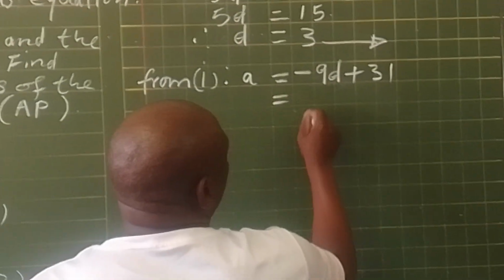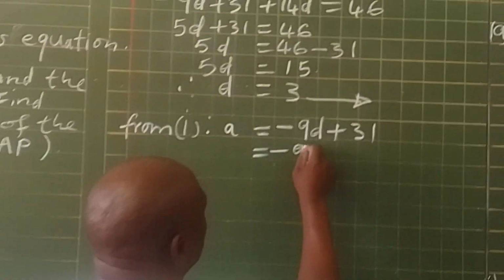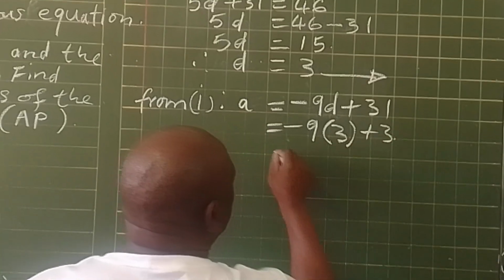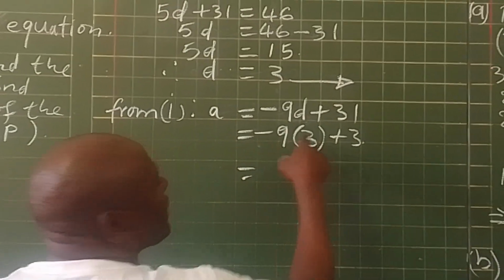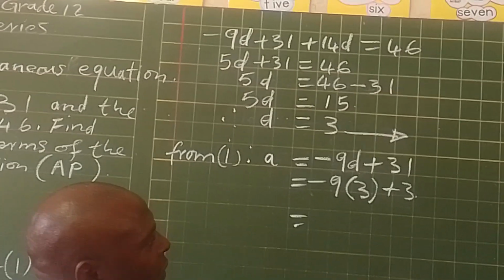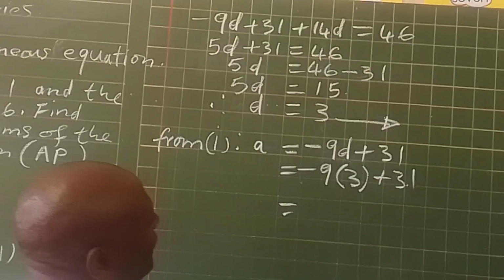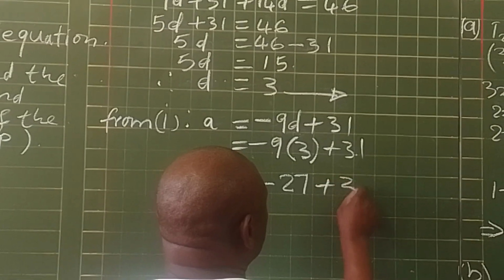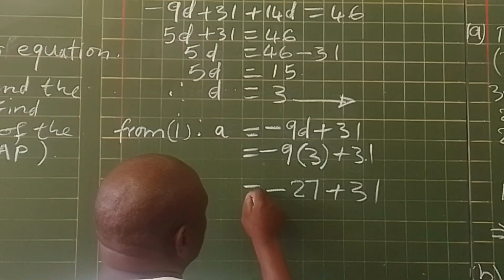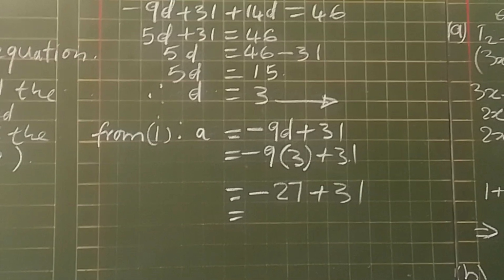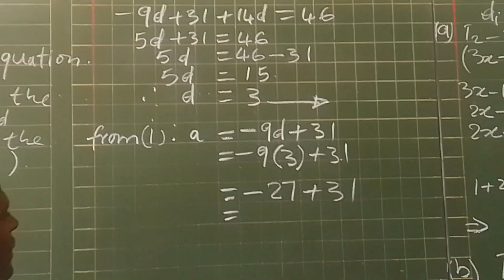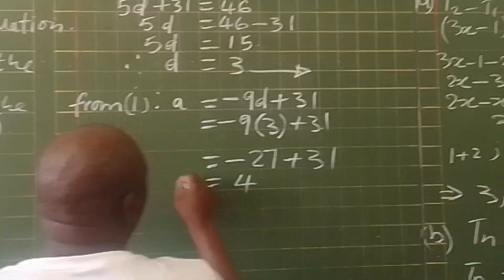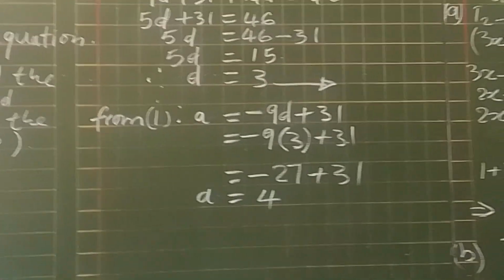Then your a is going to be minus 9, your d is 3, plus 31. 9 times 3, 27. Minus 27 plus 31. So the answer is positive 4. So your a is 4.